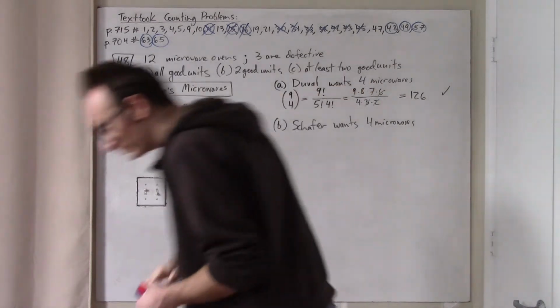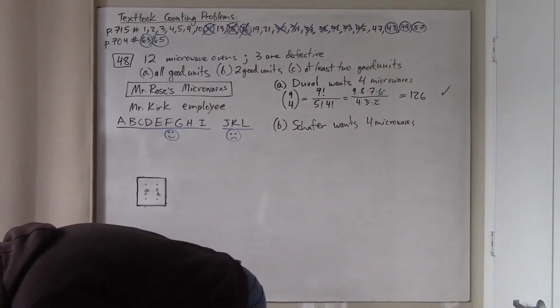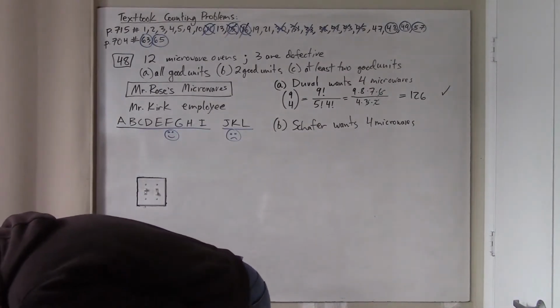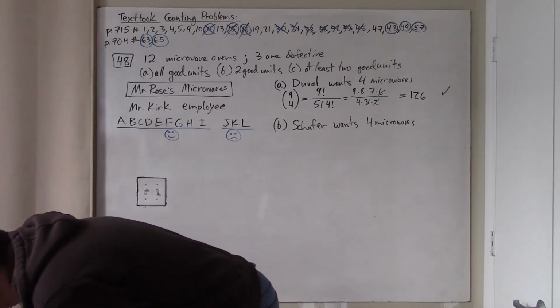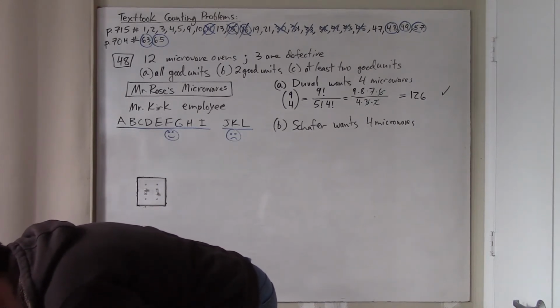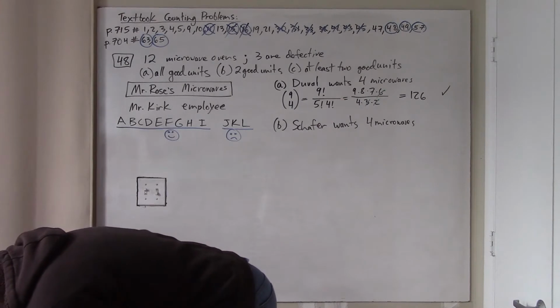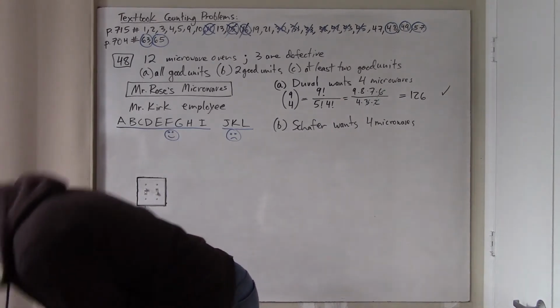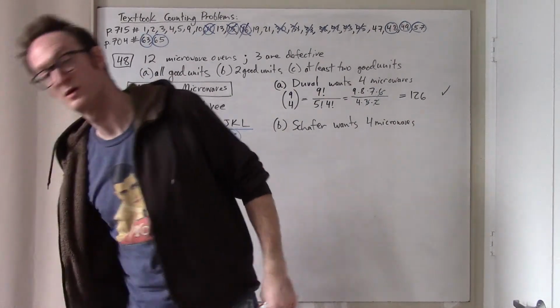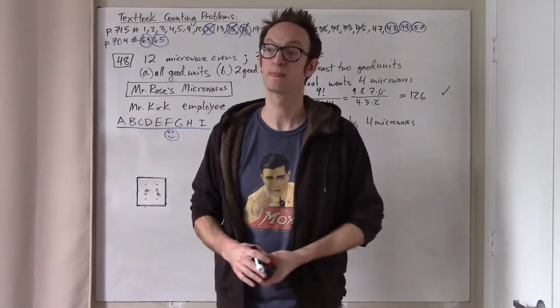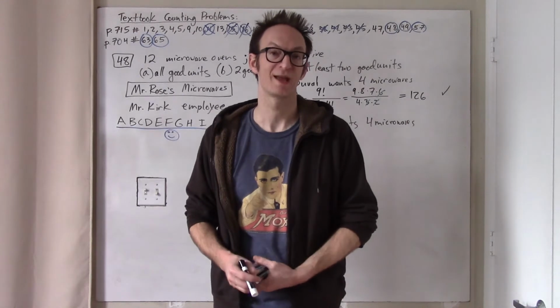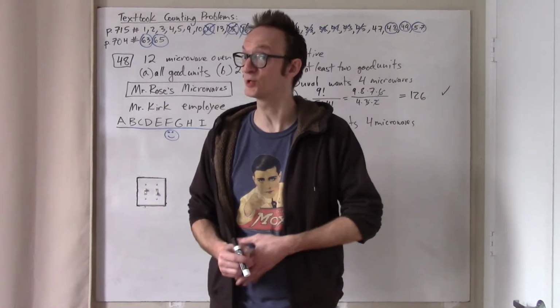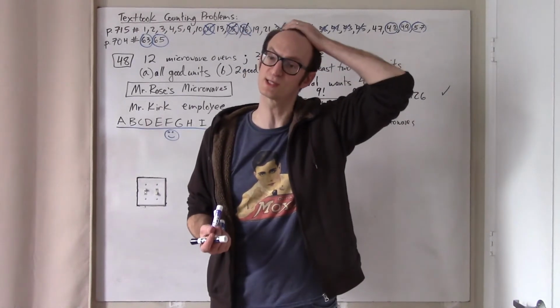Alright, so now the question is, the original question as phrased in the book: how many ways are there for the vending company to purchase 4 of these units and receive 2 good units? Okay, so in other words, if you're going to receive 2 good units, then you're going to receive 2 broken units as well.